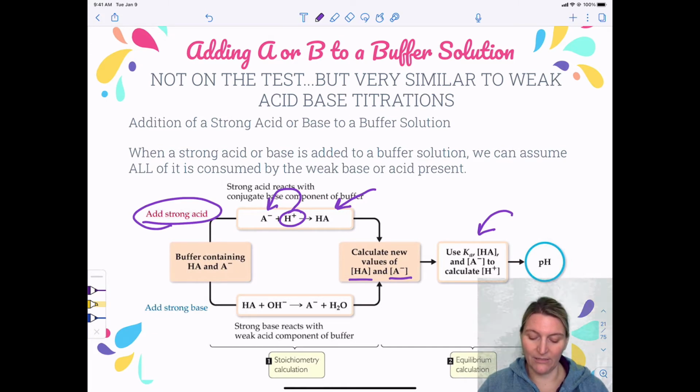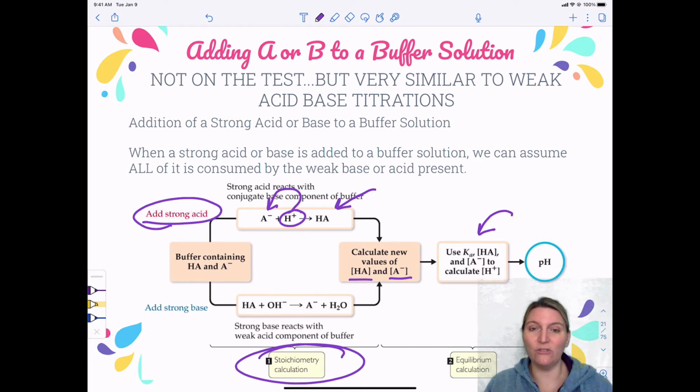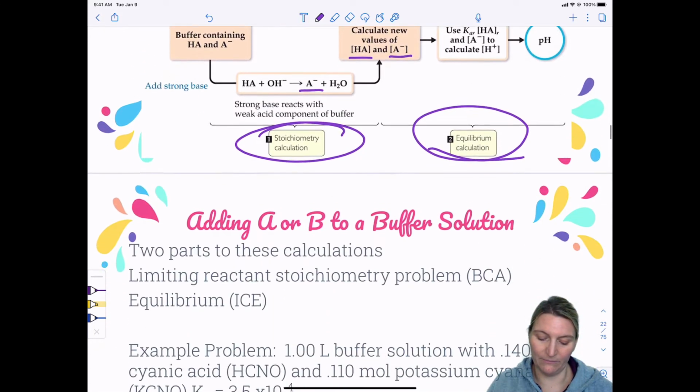The beginning part of this is going to be what we call a BCA chart. So just like we did maybe in first year chem with stoichiometry, we are going to do a stoichiometry calculation to figure out how much acid or base is produced, then divide by the new volume, if there is one, to find a new concentration, and then do the equilibrium calculation.